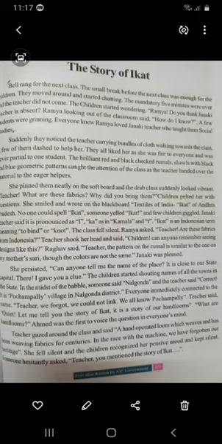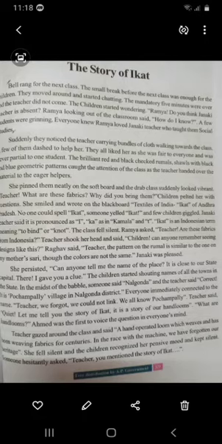Now let us go to the second paragraph. Suddenly they noticed the teacher carrying bundles of cloth walking towards the class. A few of them dashed to help her. They all liked her as she was fair to everyone and was never partial to one student.